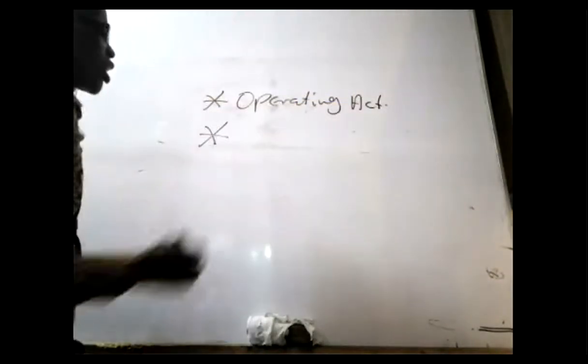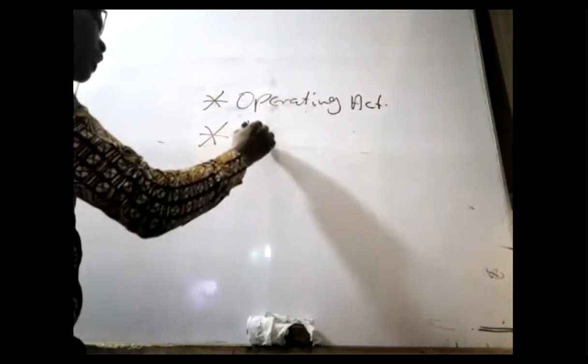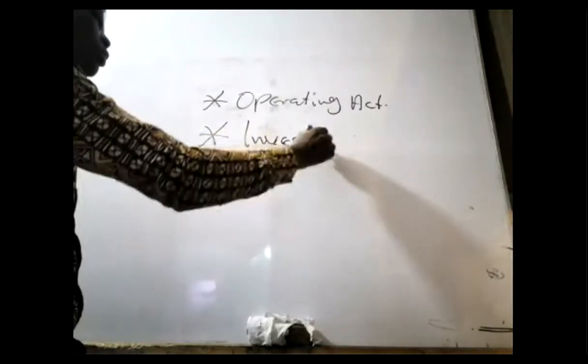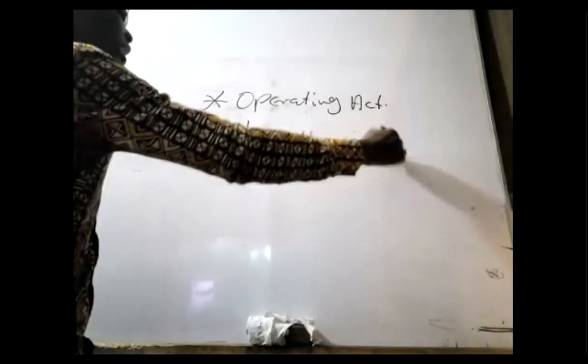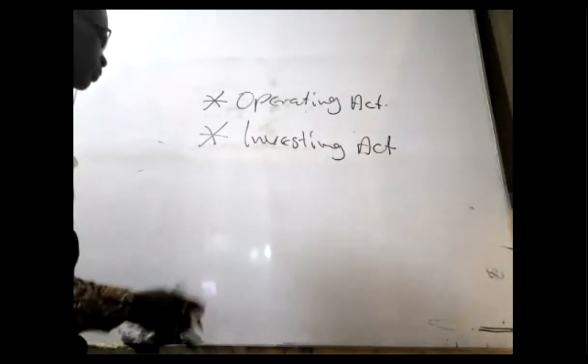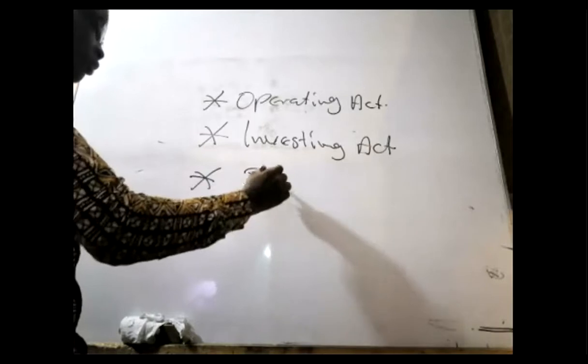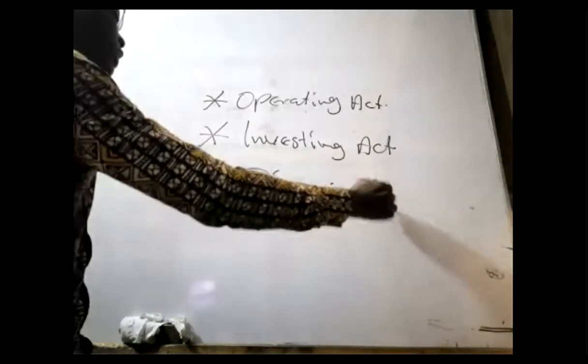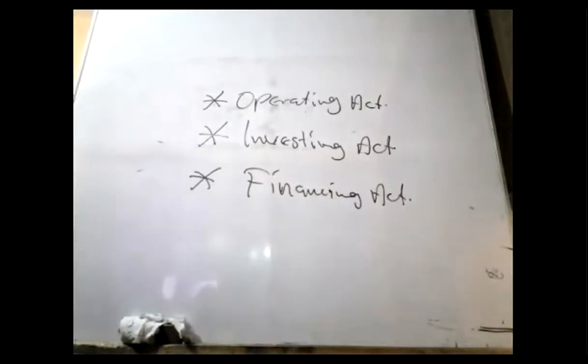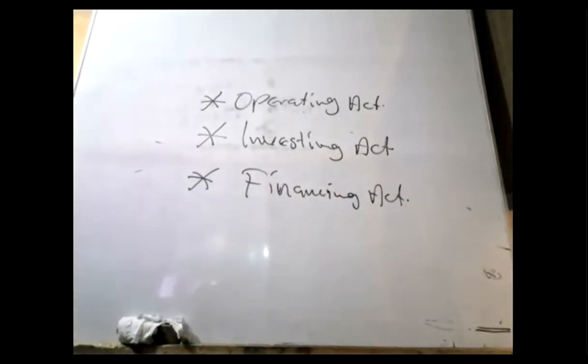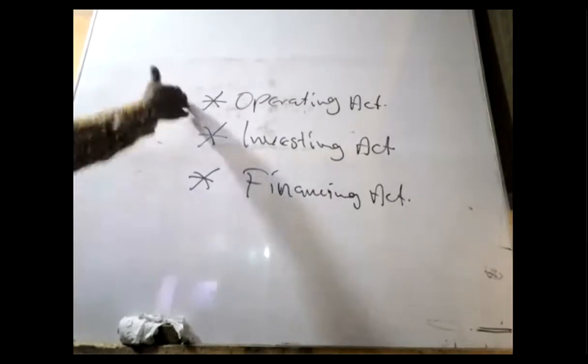Then we have what you call investing activities. Now this is an advanced model, so I'll go into detail. Then we have financing activities. So the cash flow that I want to prepare is a summation of these three items.